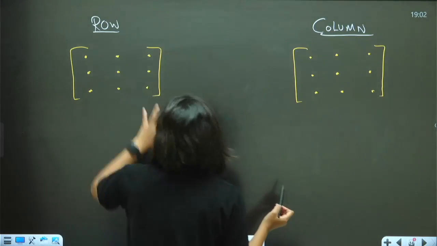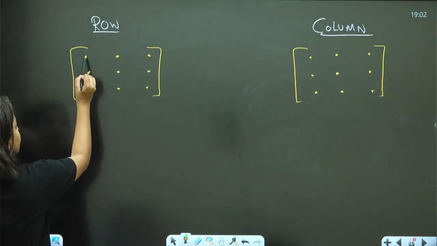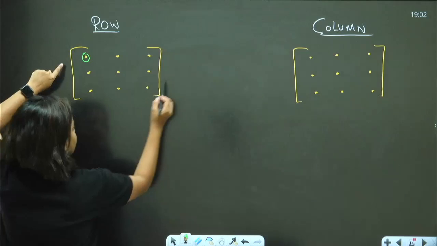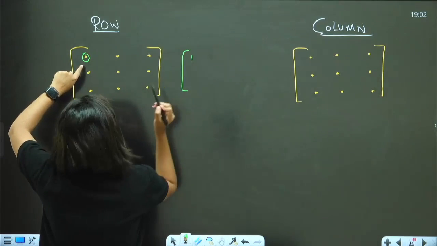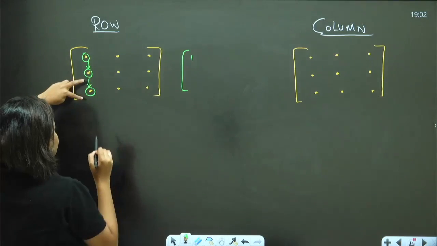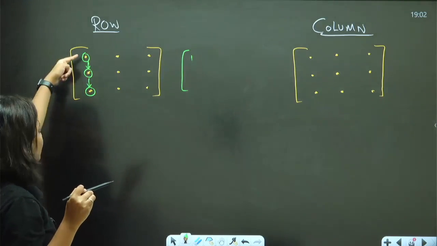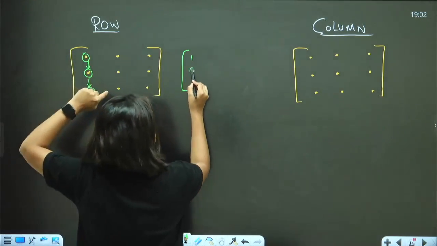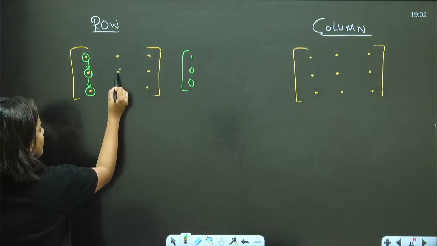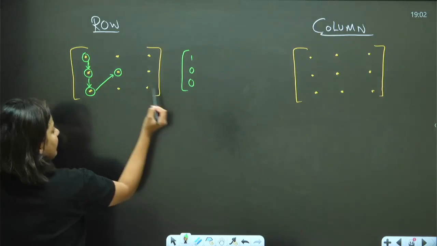So while solving row transformation, the first thing which we do is make this one. Then we go down, and make these two elements 0 with the help of this one. Next, after making these two elements 0, we go here and make this central element 1.